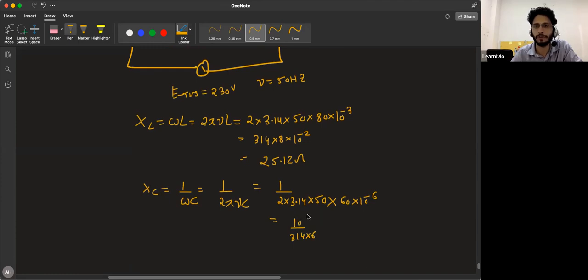So it's 10 raised to the power 5 now. We have 1 divided by 314 divided by 6, so it's 0.00053, into 10 raised to the power 5. So it's 53.